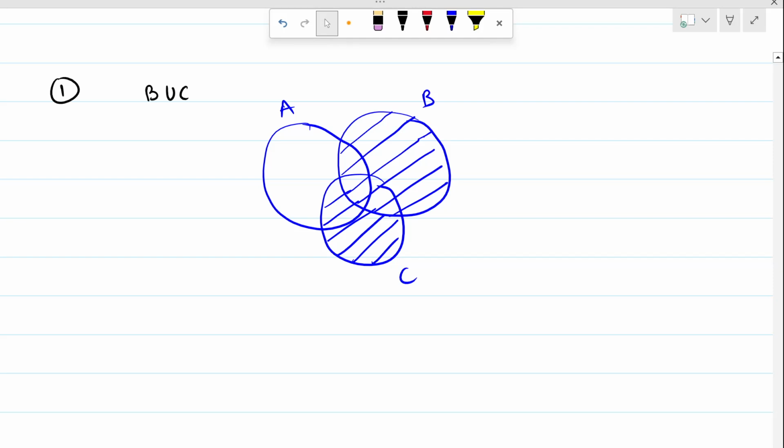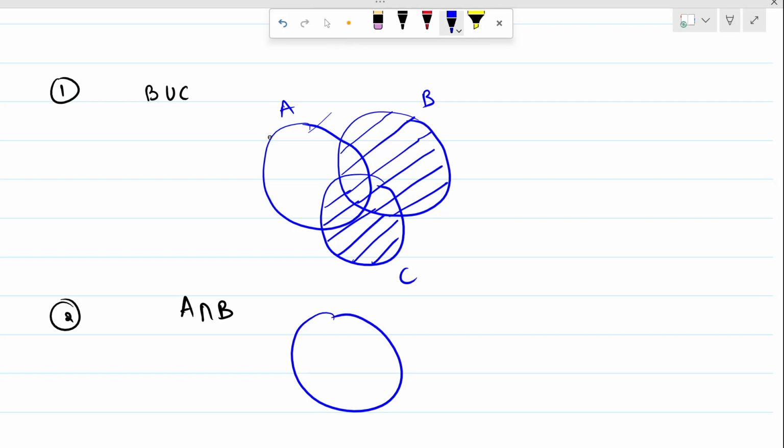Second we have A intersection B. So it will look like this.